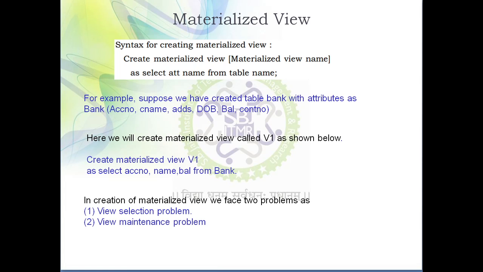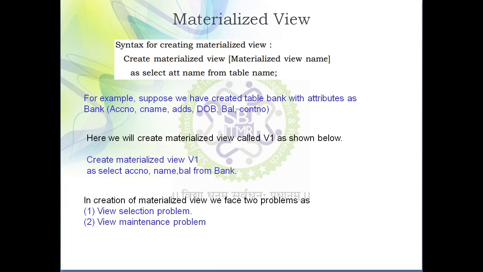See, there is no maintenance of a view. Why is it so? Because a view is not going to store any kind of data, so there is no issue of updation. But in a materialized view, you are storing data in the materialized view itself, so there is an issue of updation. There may be a case that in the original table the data is updated, but in the subtable the data is not updated.